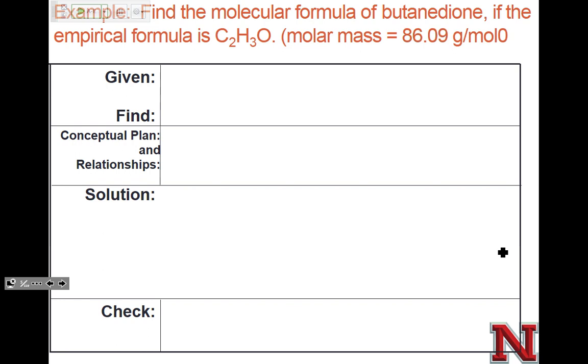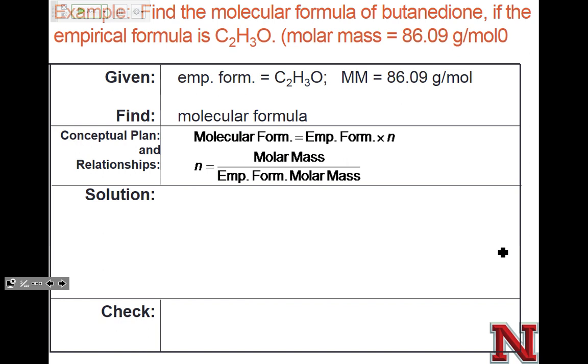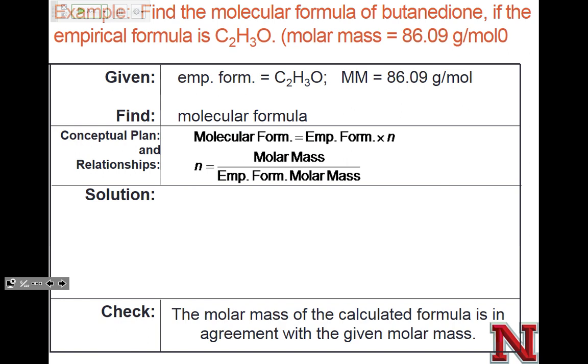Again, our empirical formula is our lowest whole number ratio. So our molar mass is either going to be equal to the mass of our empirical formula, or it's going to be bigger. We are given our empirical formula and the molar mass of the actual compound, so we can find our molecular formula easily. What we need to do is calculate the molar mass of our empirical formula, and then divide the molar mass of our known compound by that mass. Fairly straightforward.